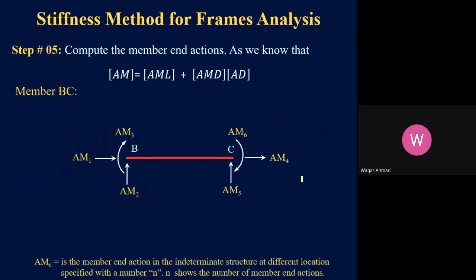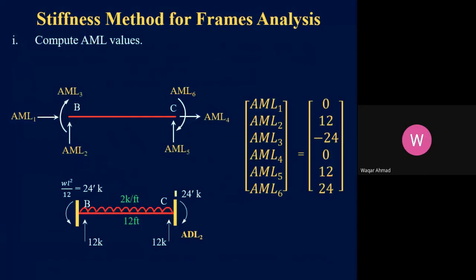And now we need to repeat the same for our member number 2, which is member BC. So now what you need to do is simply specify your AM values first, and then find out the values of your AML matrix. What will be my AML1 value? This will be this one. So this is 0 here.